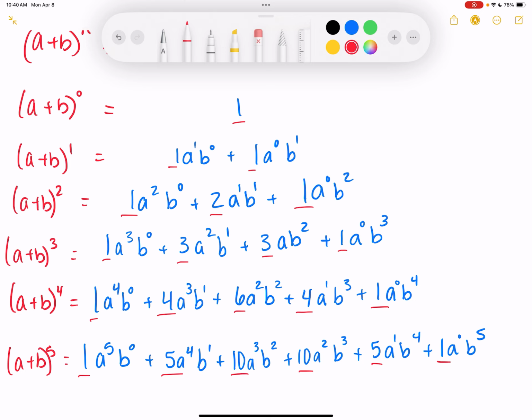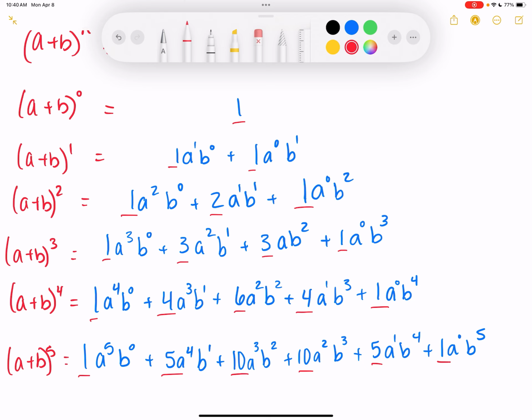In terms of my exponents. So alphabetically, now obviously it's not always alphabetical, but for the sake of this, the a terms are in descending order, the b terms are in ascending order, okay? And notice it increases or decreases by 1 every time going across.